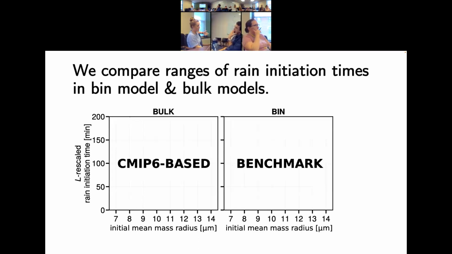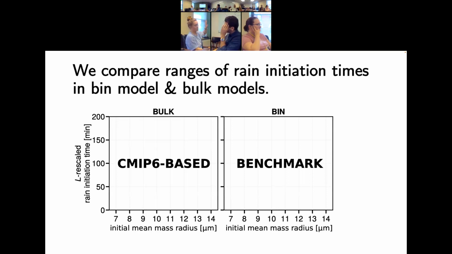And so what we do is compare the amount of time it takes to initiate rain across broad initial conditions informed by in situ observations of warm clouds in these CMIP6 based models and also in our benchmark model.